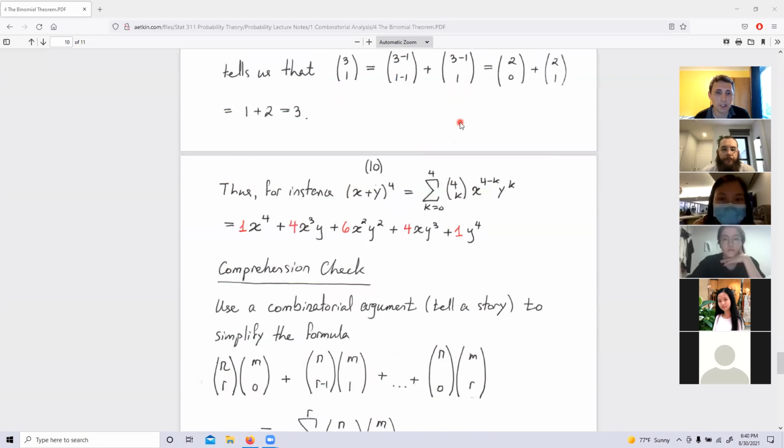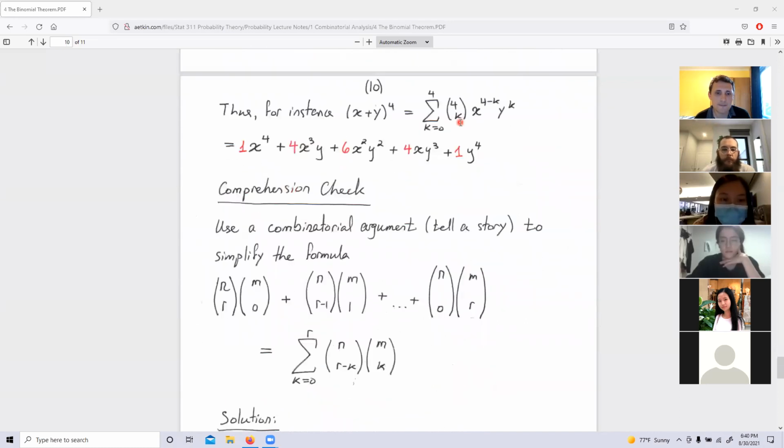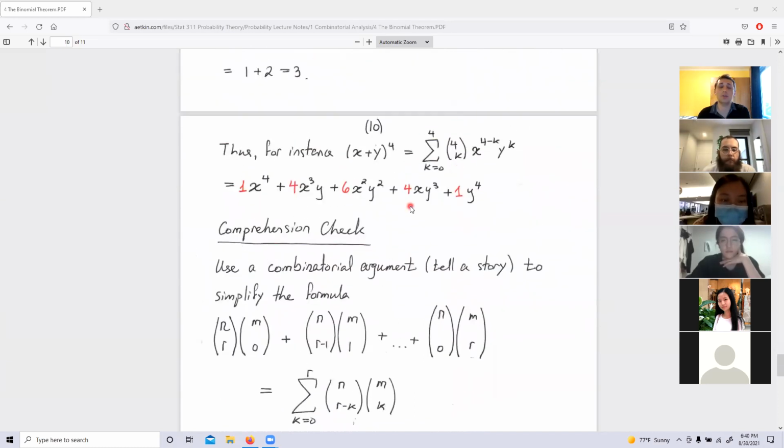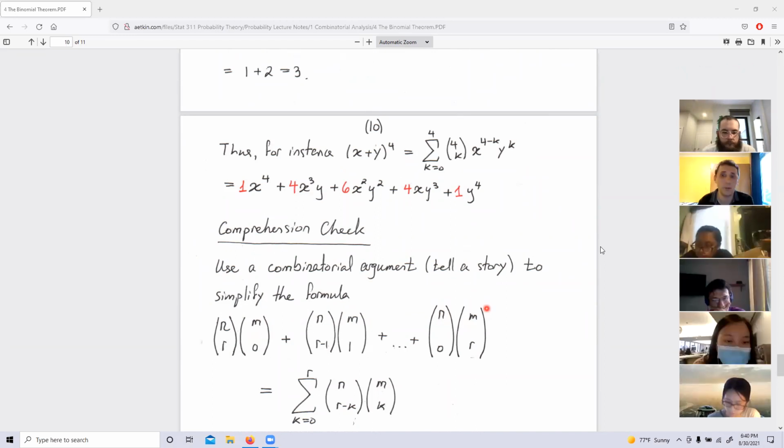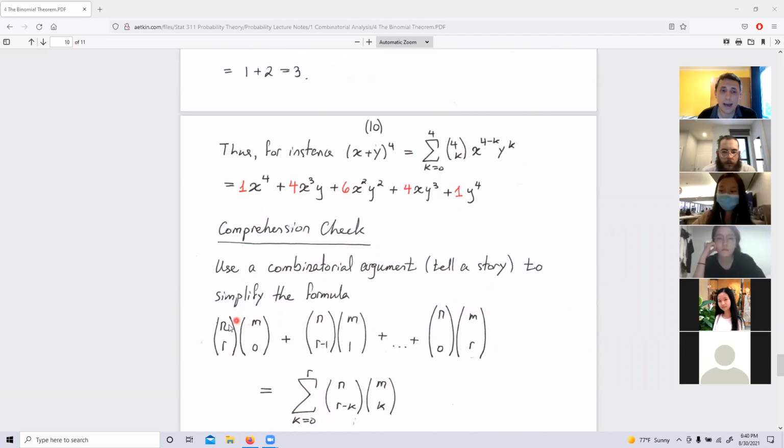Here is a comprehension check, guys. I want to see if you can simplify this formula by telling a story. It's called combinatorial argument. So that means don't calculate anything, but realize that somebody is doing a counting and figure out a simpler way to count, or a different way to count, right? So we have n choose R, m choose 0, plus n choose R minus 1, m choose 1, and onwards, right?